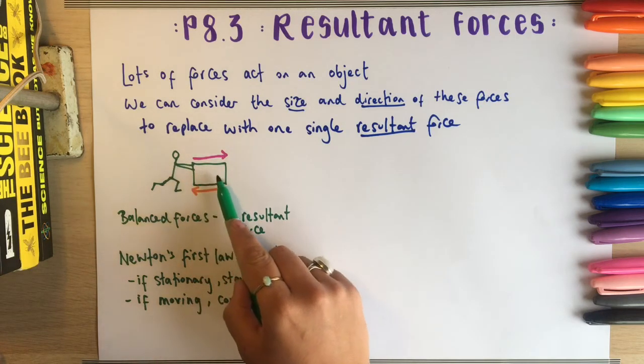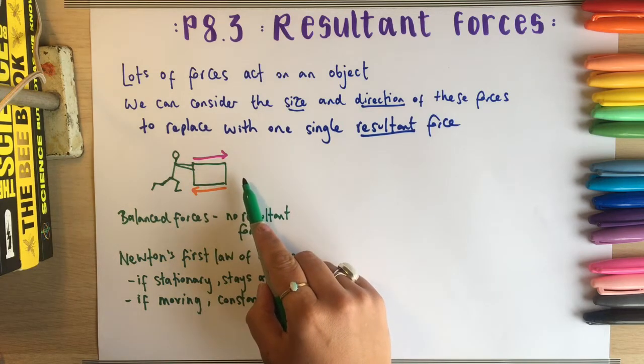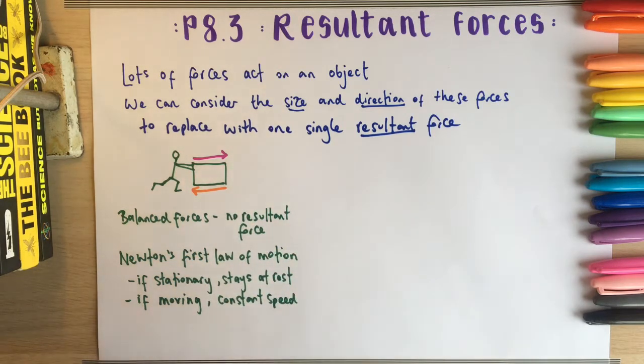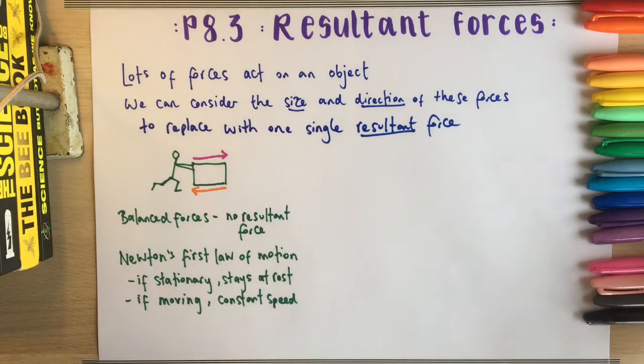But if they're already moving the box, then this box is going to be travelling at a constant speed. So it does depend on the context, and in an exam question they would tell you about the context, so you need to read really carefully to make sure that you've understood whether they're talking about something that is going to be stationary or whether it's going to be moving at a constant speed.